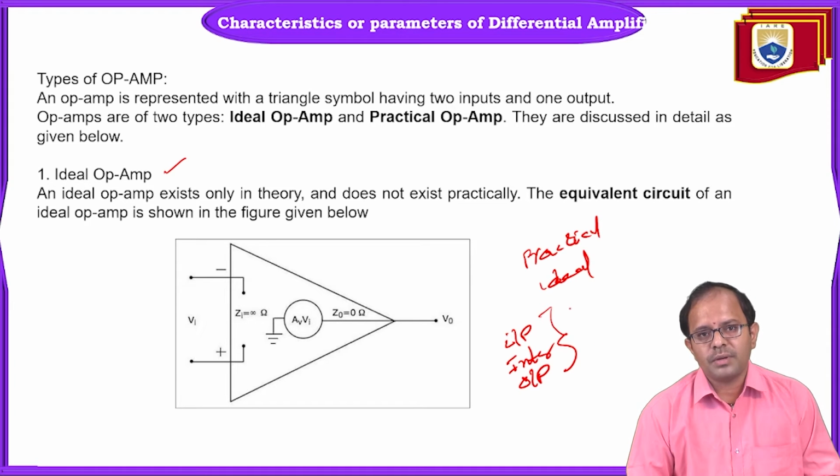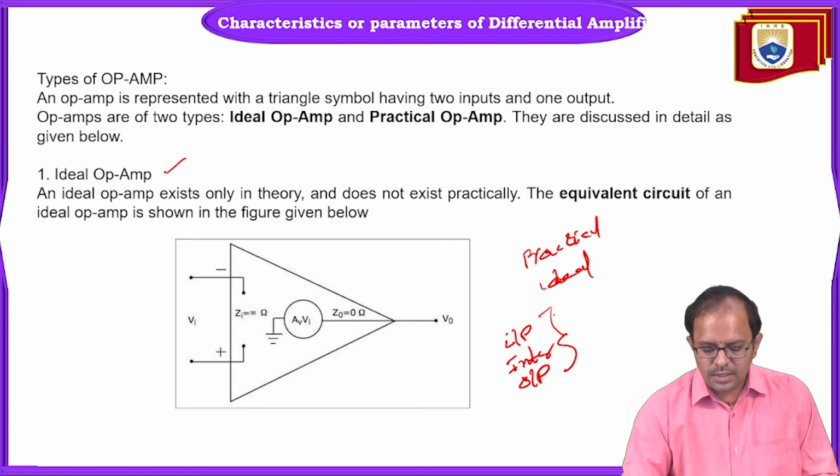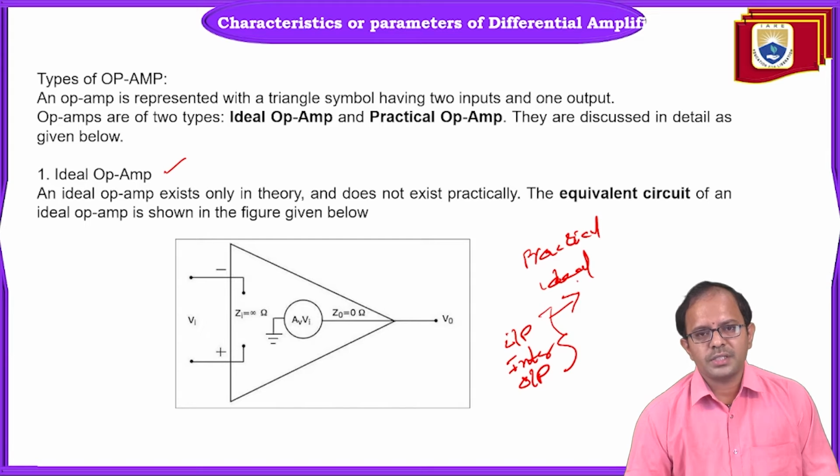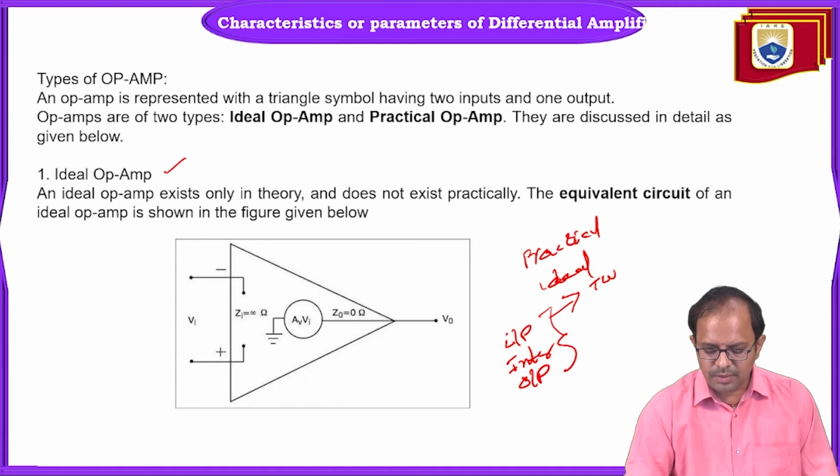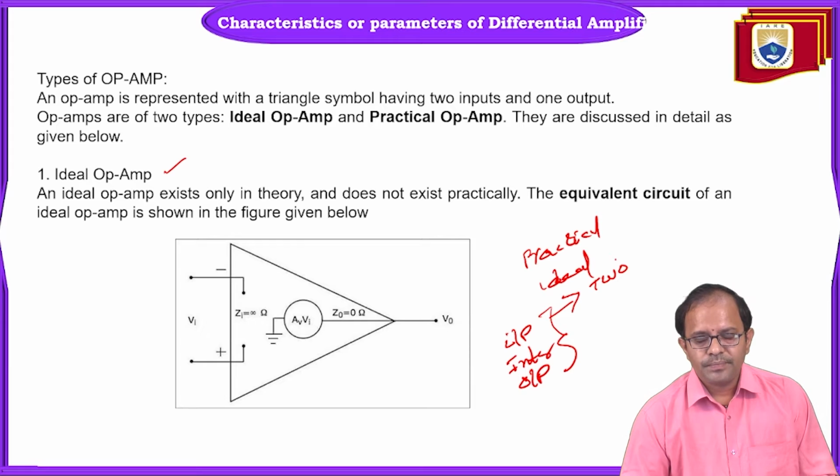Now what are the components present in the input stage? It is nothing but cascading of differential amplifiers. A minimum of two differential amplifiers are cascaded as a part of the input stage.